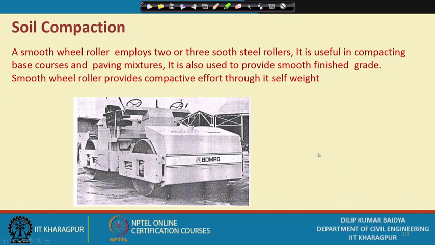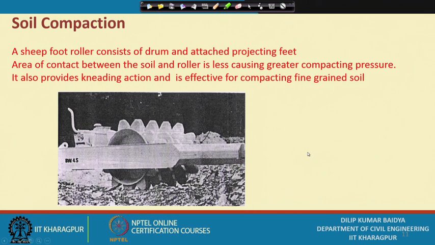And then the next one is another type of roller, the sheep foot roller. When the soil is fine grained, I have mentioned that you need more moisture and get less dry density. To improve the dry density, sometimes we have to give more energy.